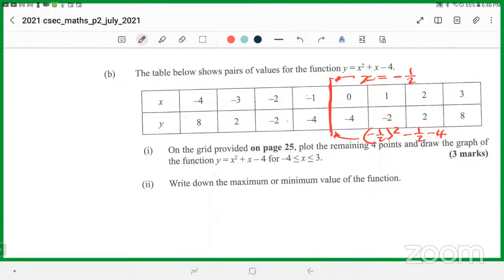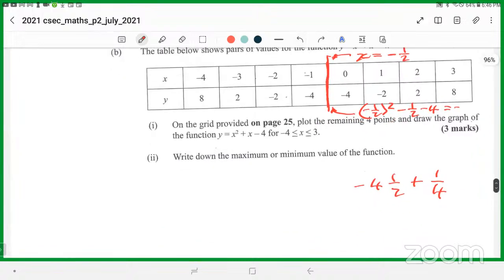Now this is minus 4.5, and then you're adding back a quarter. So it becomes minus 4.25. Let's write it out. Minus 4.5. That's what this is. And they're adding back this quarter, because a half squared is a quarter. This is the same as minus 9 over 2 plus a quarter.